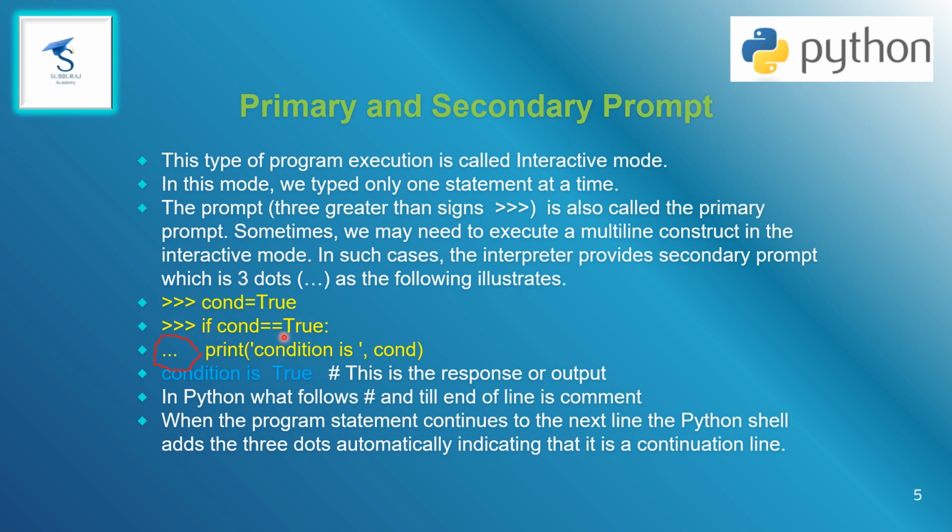Of course, I won't explain to you right now how the output comes, but try to see this. The T of True, the T in capital letters, is a Boolean constant. Boolean constants are True and False, with F capital again. If cond is true, initially we are assigning true to cond.